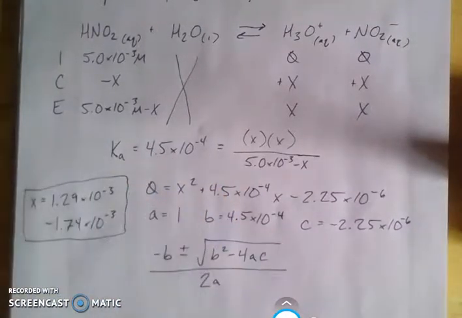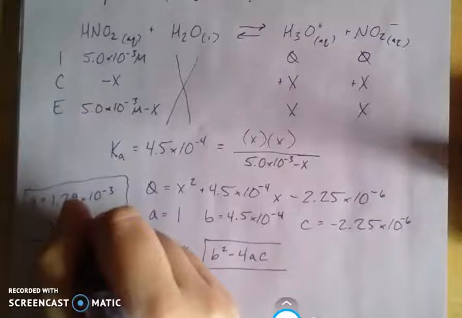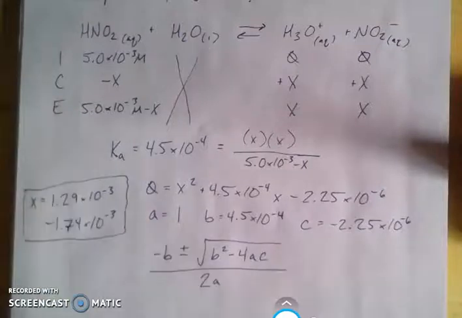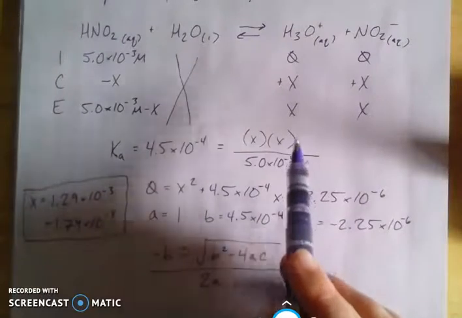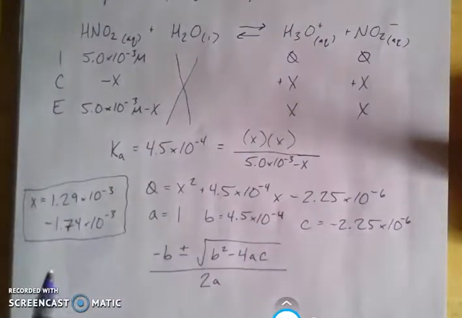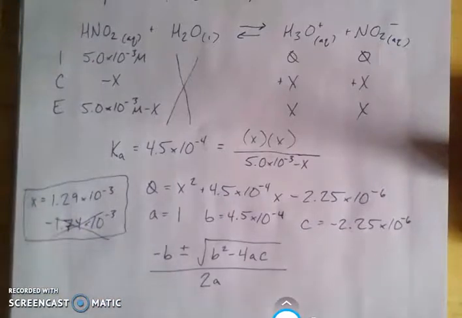So I need to think about them in terms of physical quantities, right? Because our numbers represent physical things. And we know that this represents a concentration at equilibrium, so it can't be a negative value. So we're going to disregard our second answer here because it's negative. So that means that my x is equal to this.